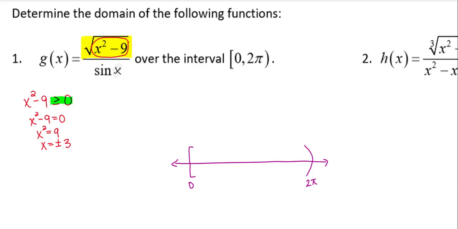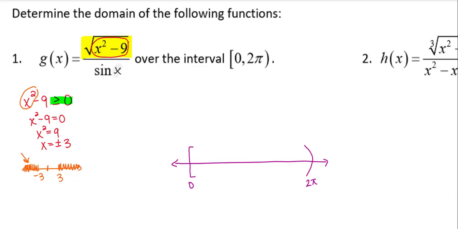So if we think about that on its own little number line here, negative 3 and positive 3, and if I think about numbers in this section right here, so maybe smaller than negative 3, like negative 4, negative 5, etc., when you square it, that's something like 16 or 25, and when you subtract 9, you still are in fact positive. Same thing is true with values over here. But if you pick something in between there like 0 and you try to put that back in for x, you get a false statement. Negative 9 is not greater than or equal to 0.